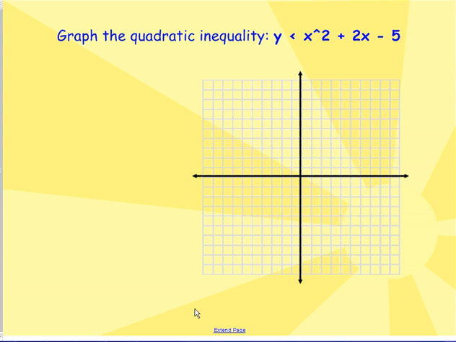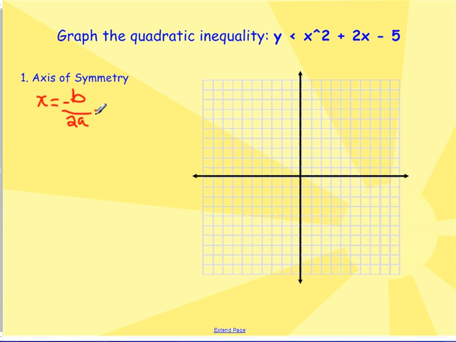Alright, so we have our first example here. It says graph the quadratic inequality. We have y is less than x squared plus 2x minus 5. So our first step is to find the axis of symmetry. If you remember what our axis of symmetry equation looks like, it is x equals negative b over 2a.